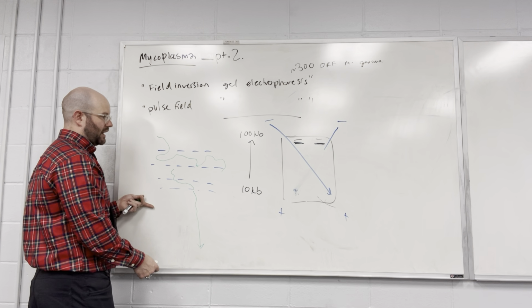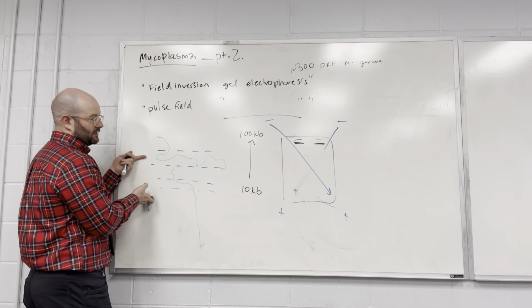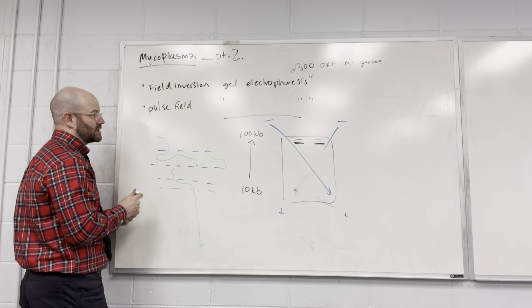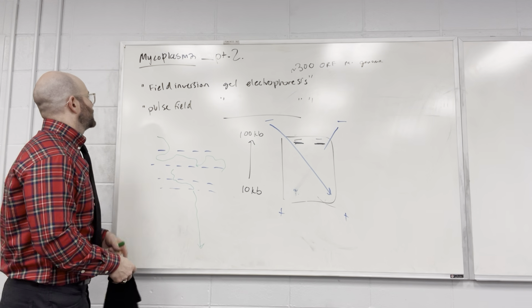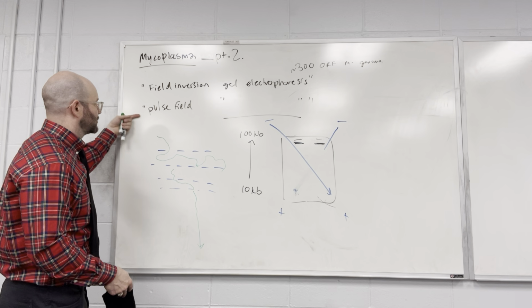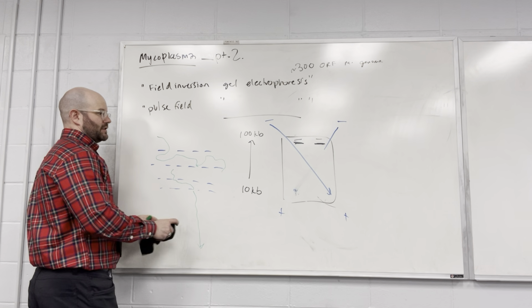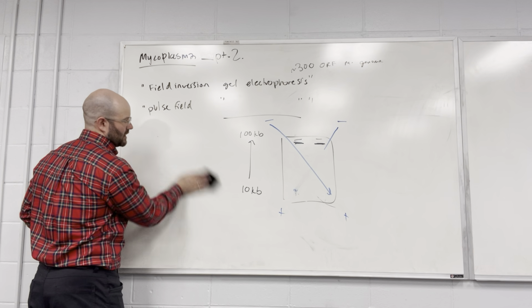So it's a way to get better resolution on gigantic things running through the gel. They do field inversion, which I think is just another form of pulse field gel. They're just temporarily changing the direction of the current.